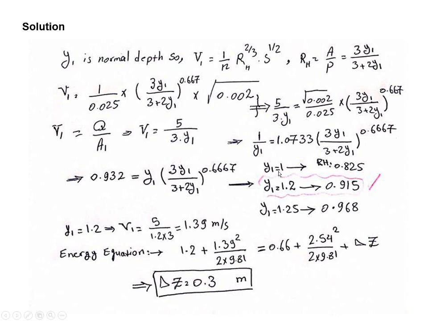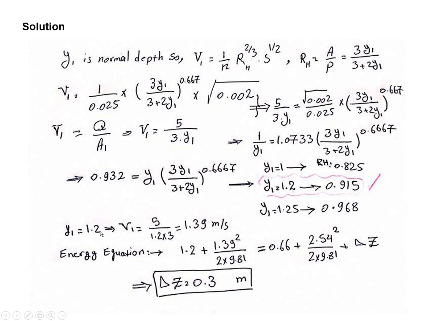I started with y equals 1, and then I calculated this term and checked whether the assumption equals y1 or not. Finally, after several trials, I found that y1 equals 1.2 gives me both sides more or less equal. Therefore, y1 would be 1.2.